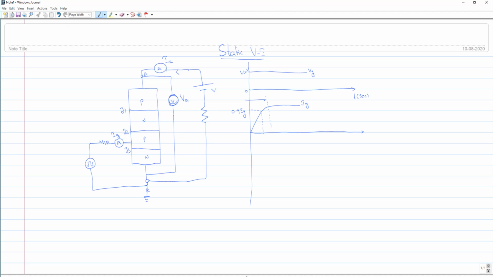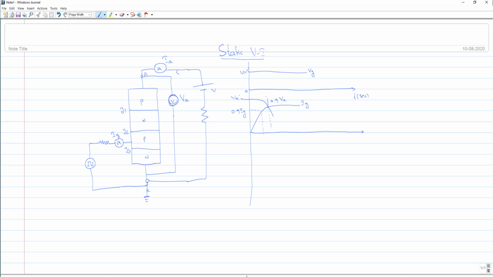So whenever it is reaching 90%, then the anode voltage starts decreasing, something like this. At this particular point, say whenever it is reaching 100%, the anode voltage is 0.9 times VA. So this is your anode voltage.